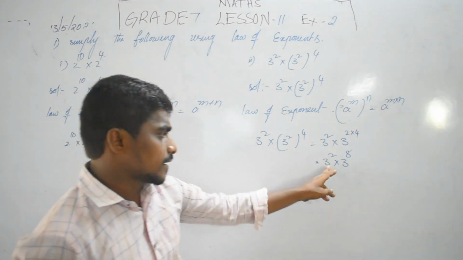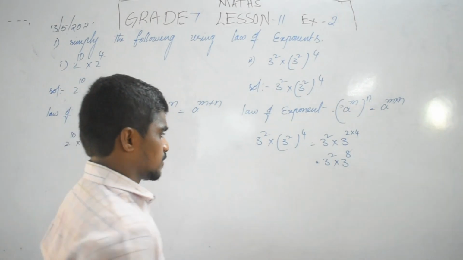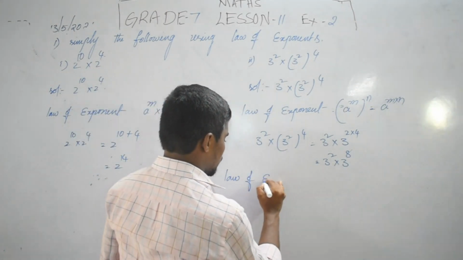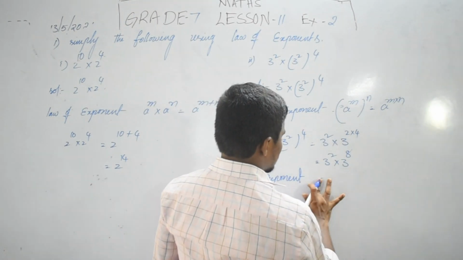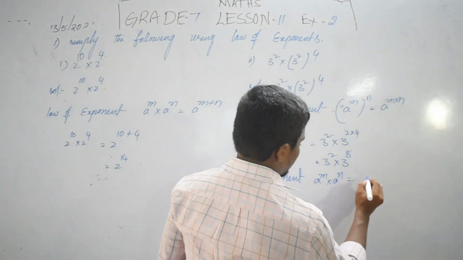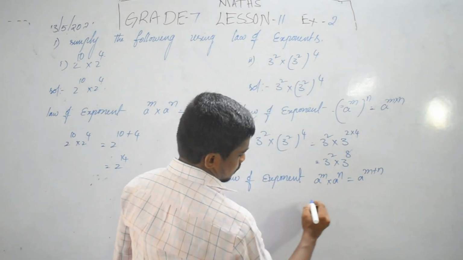Now again, the bases are equal and the powers are different. Law of exponents: a power m times a power n equals a power m plus n.